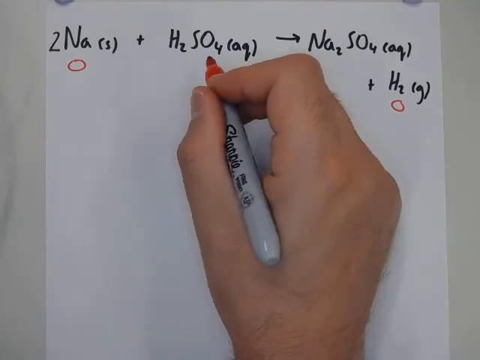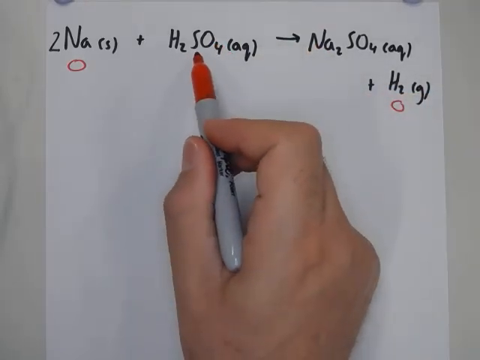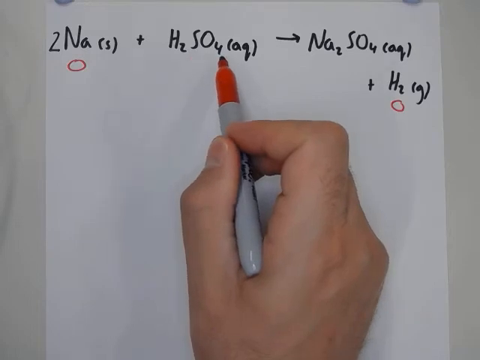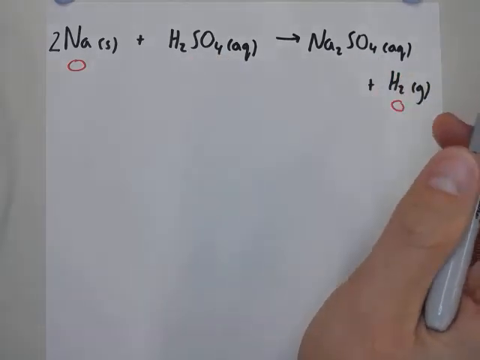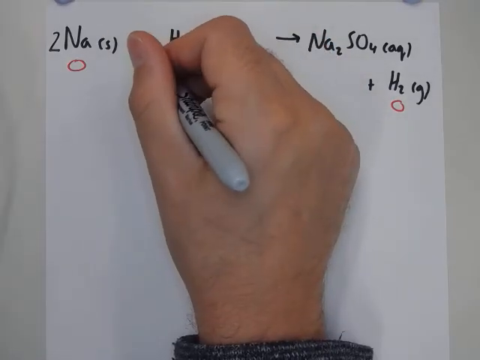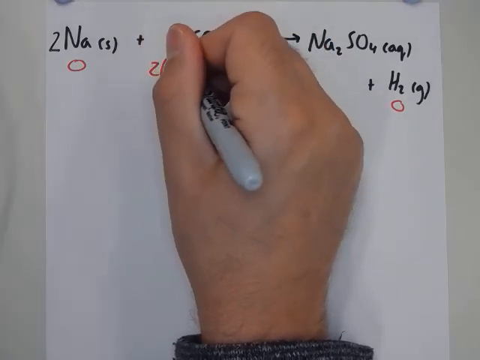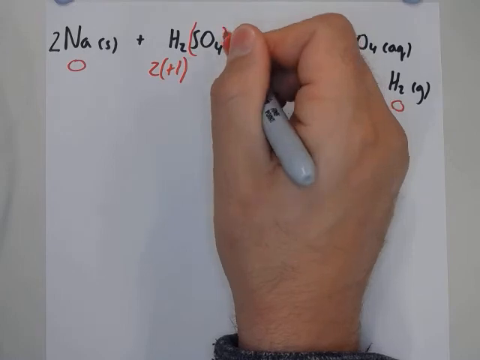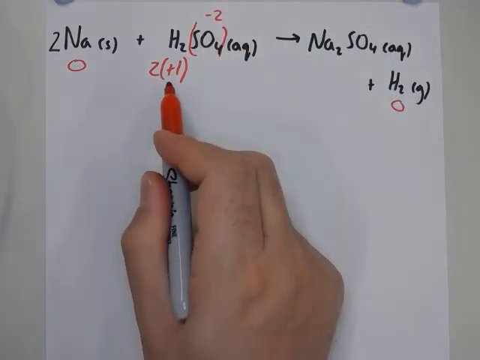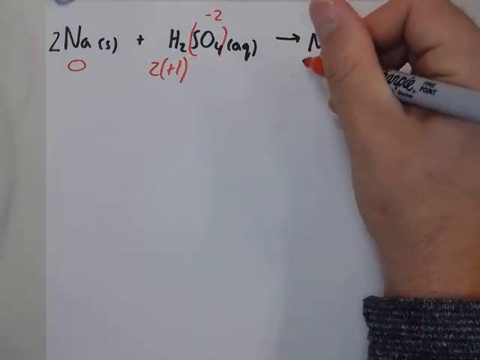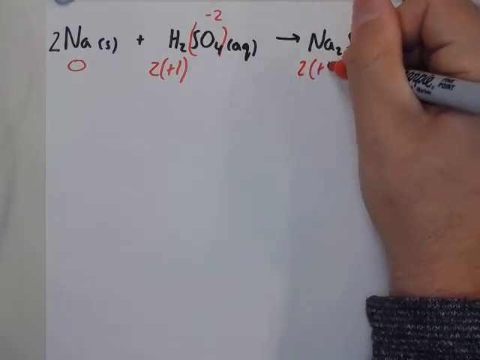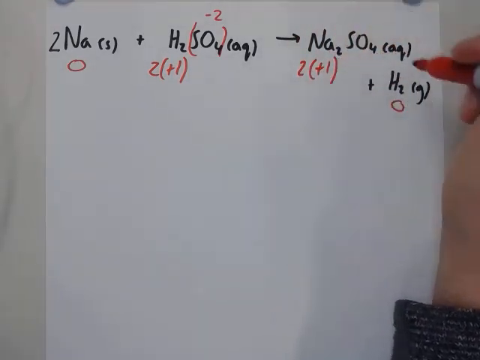Okay, now, there's a long way. I can work out every oxidation number here in sulfate, but it's SO4 2- here, it's SO4 2- over here. It's not changing, it's a spectator ion. But I can see each hydrogen here must be +1, because if all of that is -2, you have to have 2 lots of +1 to make it 0. And the same over here, the sodium must be 2 lots of +1.